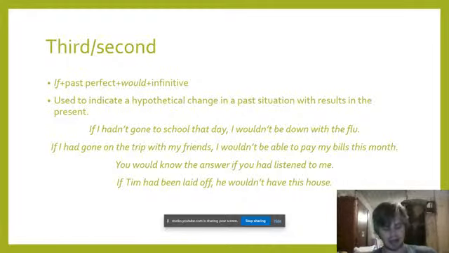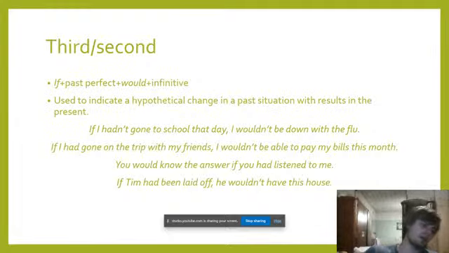But if we had gone, as the sentence says, we would have been stuck with an empty wallet, which means there is this hypothetical change in the past situation. Basically, if I said yes to the friends and no to the school, I wouldn't have fallen sick, but I also wouldn't have had any money.